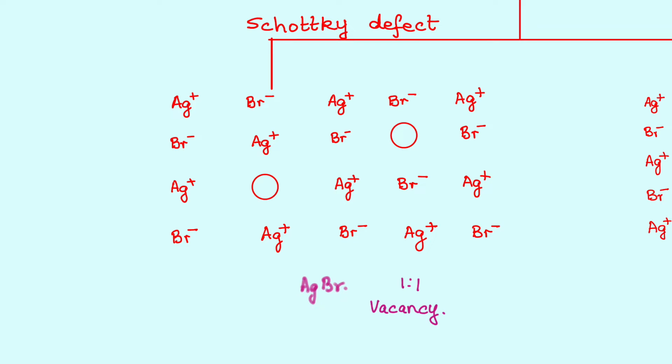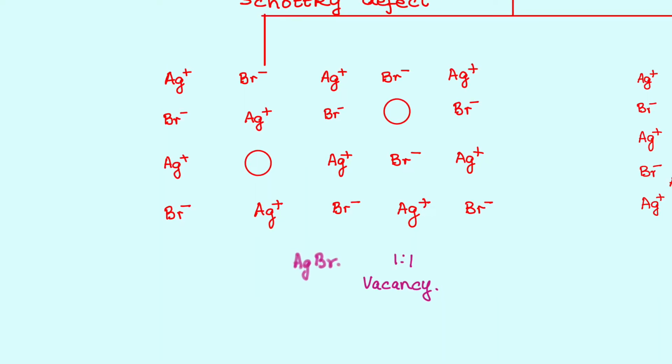Now, because silver and bromide have gone missing, there will be more than that also, right? We've taken only an example of one silver and 1 bromide. When we are talking about a crystal, there could be more silver and bromide ions missing. What will happen to the mass of this crystal?